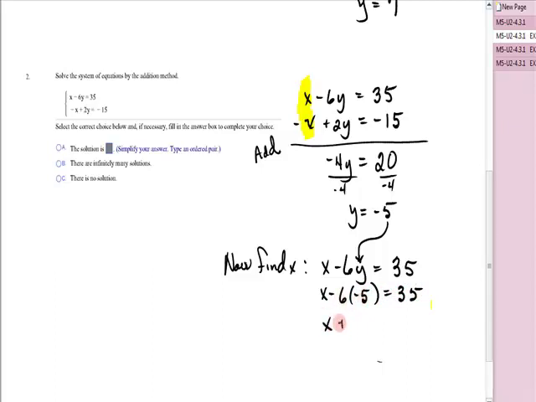Negative times negative is positive 30 is equal to 35. Subtract 30. And x is equal to 5. Once again, I got an ordered pair solution, and the ordered pair is positive 5 for x, negative 5 for y. That's my ordered pair.